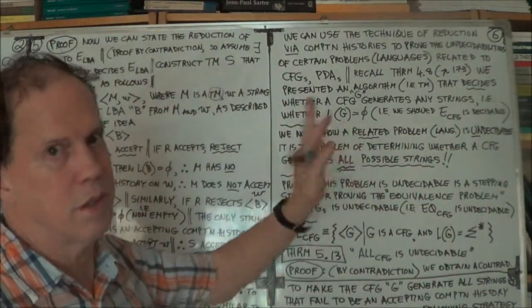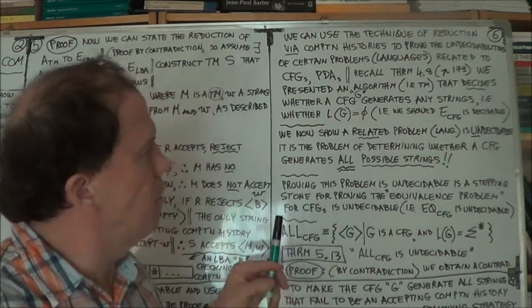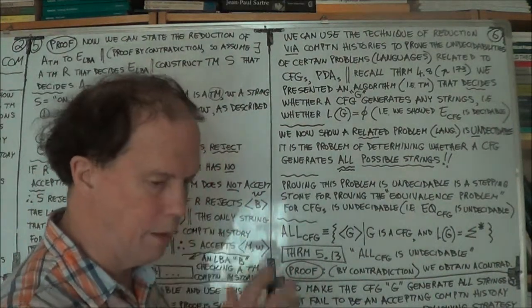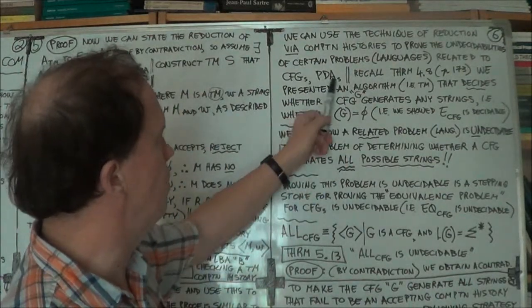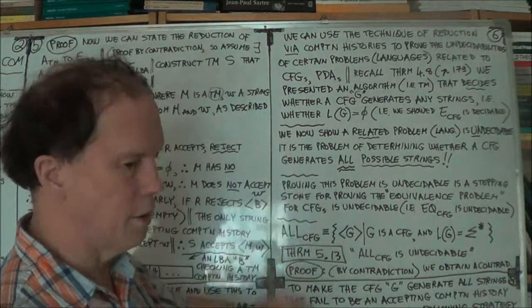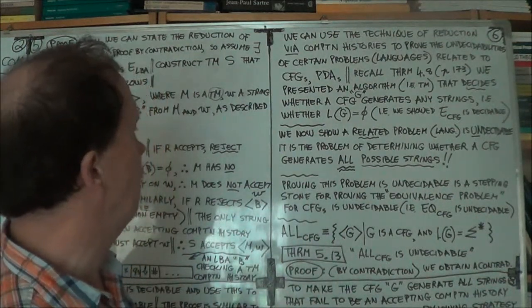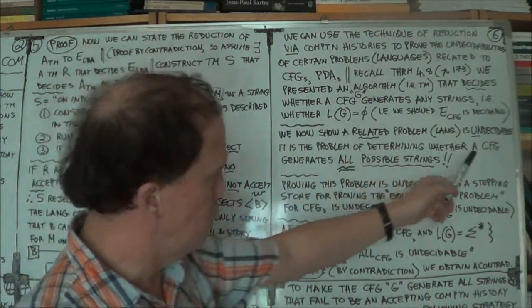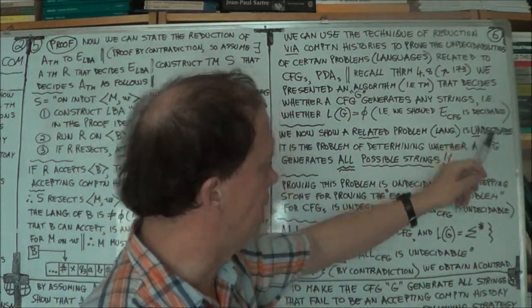So we're getting these interesting contrasts and distinctions. In certain cases, the same kind of language, in the same kind of context, for example context-free grammars or PDAs, is sometimes decidable, other times undecidable, which is interesting. Now there's a related problem concerning CFGs where the language is in fact undecidable.